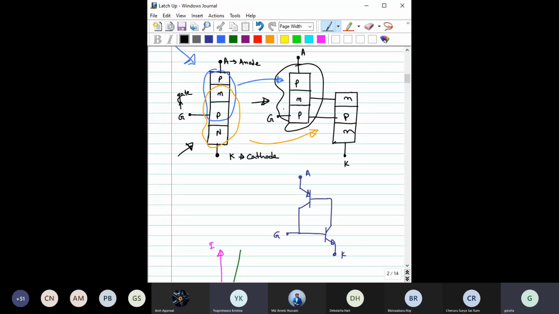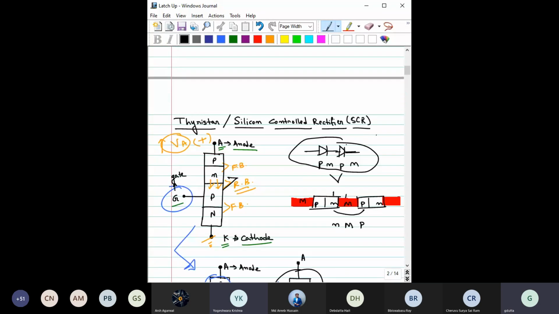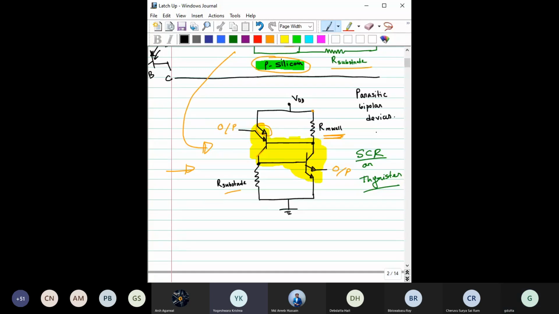So if we represent it like this, then the equivalent circuit is like this. Are you getting some correlation between this and the previous page diagram where we have seen this? These two are now correlated. So the yellow highlighted region is basically the SCR or thyristor structure.